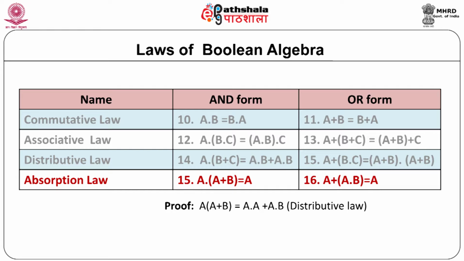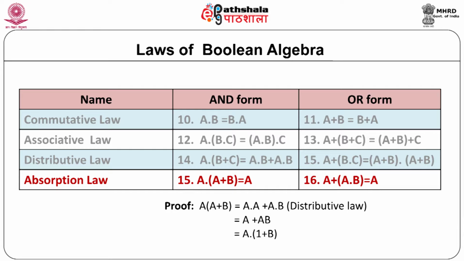The AND form of the law is A(A OR B) equals, let us write the right hand side, A ANDed with (A ORed with A and B). As we know, A ANDed with A results in the same variable A. Therefore, we get A ORed with A and B. Further, on the right hand side we can take A common.